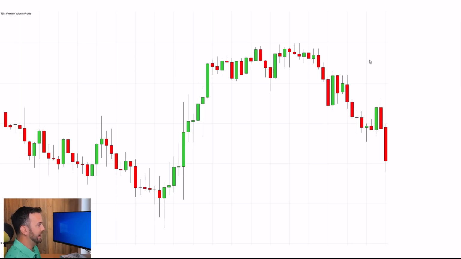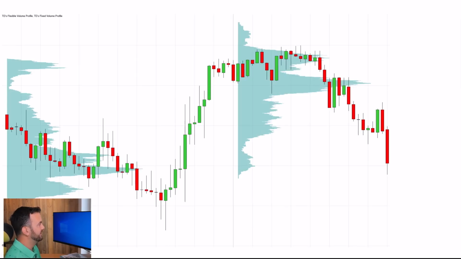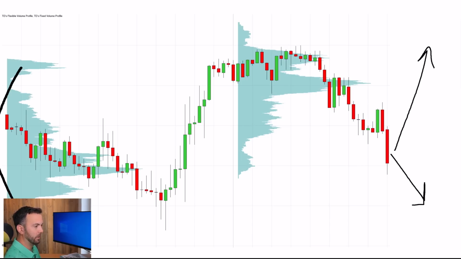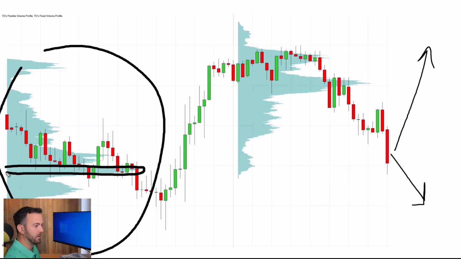Okay, let me help you a bit. This is the same chart, only what I've added is daily volume profiles. Now, the same question. Will the price go up or down? Okay, so if you look at the volume profile, this one, then right here, this is the point of control.